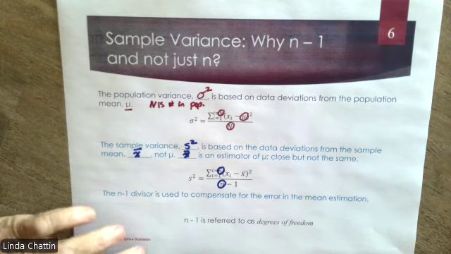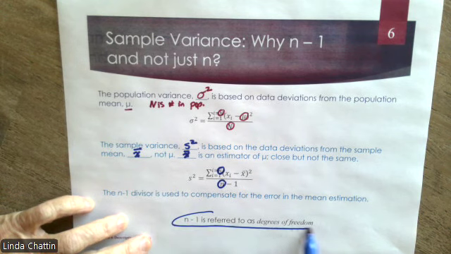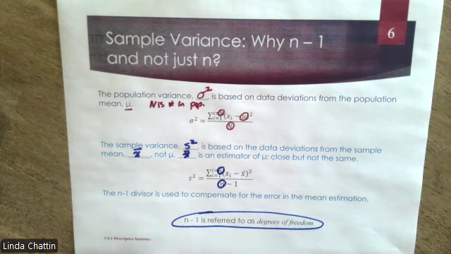So we will always be referring to n minus 1 as the degrees of freedom. That's the general definition of it: the n minus 1 divisor compensates for the error in the mean estimation. If you know anything about bias, it also creates an unbiased estimator, but we don't get into that in this course. Okay, so that is the difference between population and sample, population mean, sample mean, population variance, sample variance, population standard deviation, sample standard deviation.